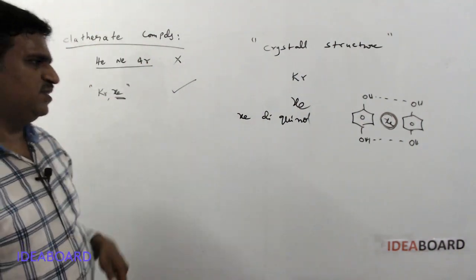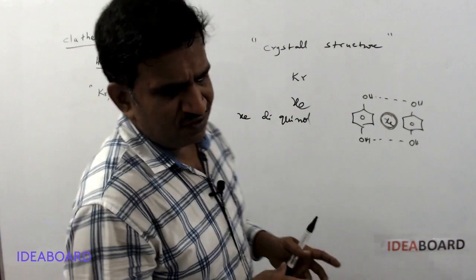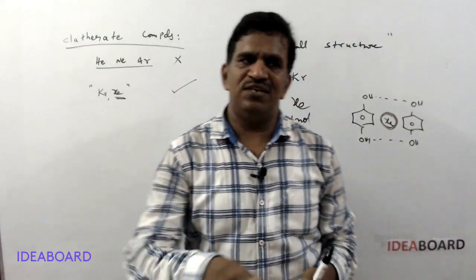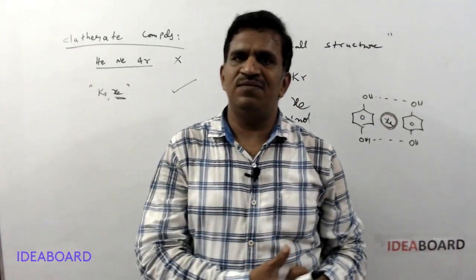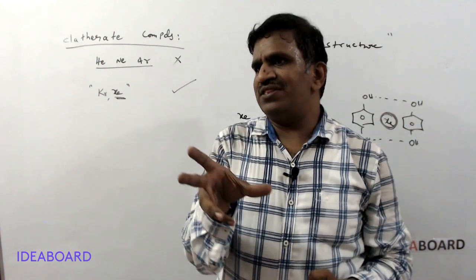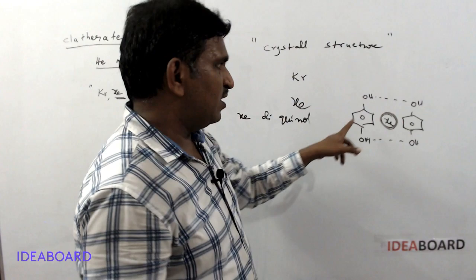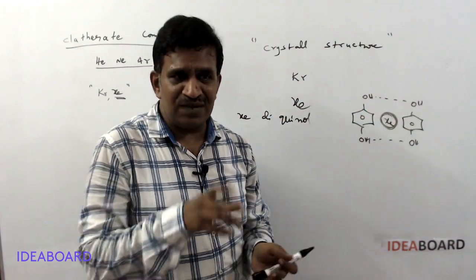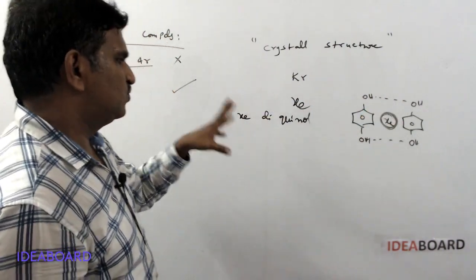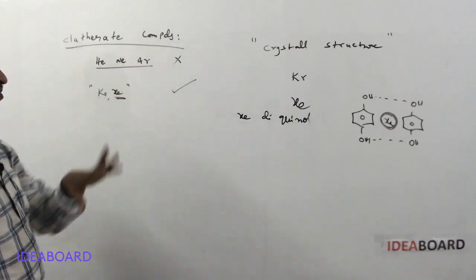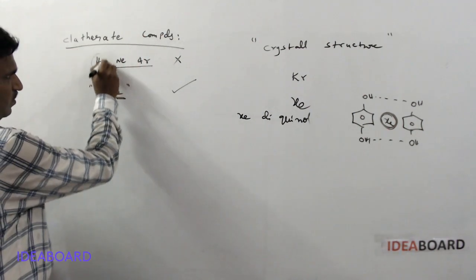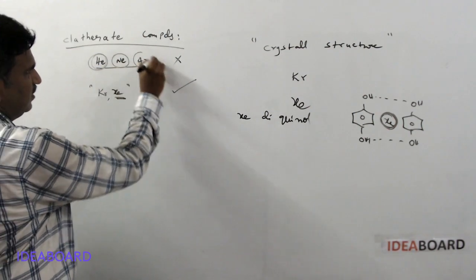So clathrate compounds means these are the compounds which are formed by the larger noble gas elements or bigger noble gas elements when they are trapped in the volume or the space or void of some organic compounds. The gaps are filled by these elements. So they are called clathrate compounds, and because of their small size they can escape easily.